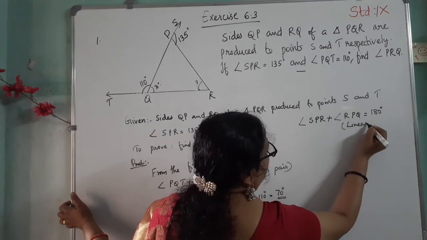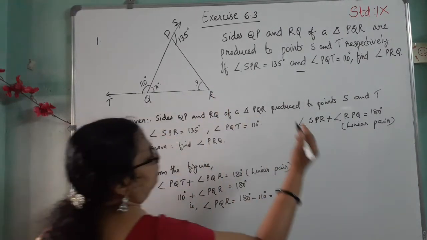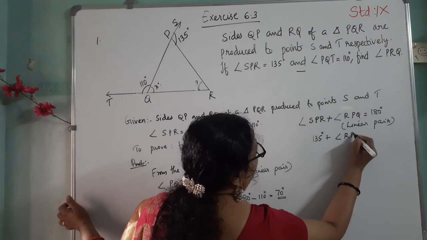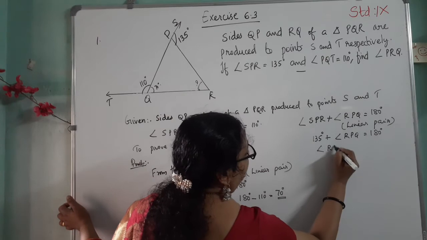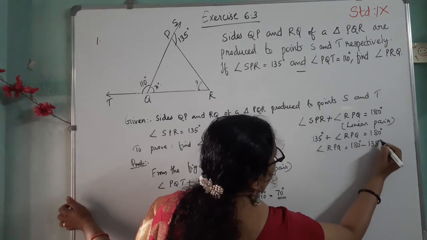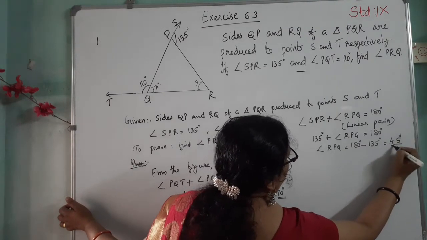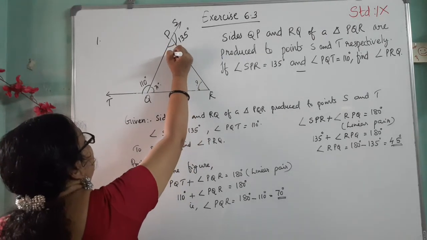That also linear pair. Then SPR is given 135 degree, that is 135 degree plus angle RPQ equal to 180 degree, which implies angle RPQ equal to 180 degree minus 135 degree, that equal to 45 degree. So RPQ, this angle is 45 degree.